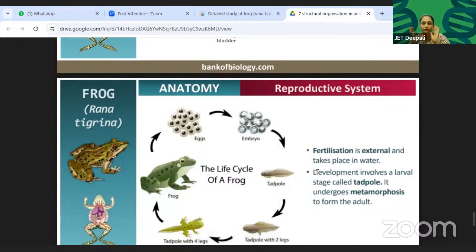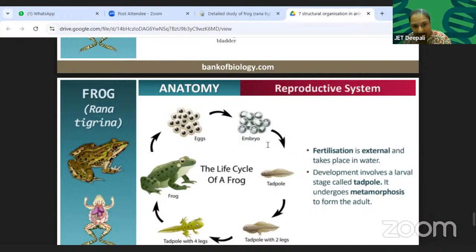Fertilization is external. You all know they are laying eggs, and they have secondary viviparity, meaning they can lay their eggs over the dorsal part of the male frog's body. Then the male frog takes care of these eggs until they hatch, until the larva comes out of the eggs.